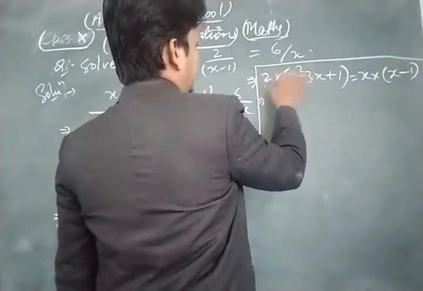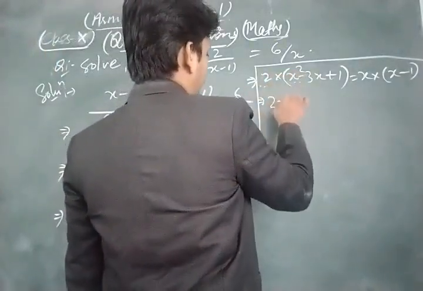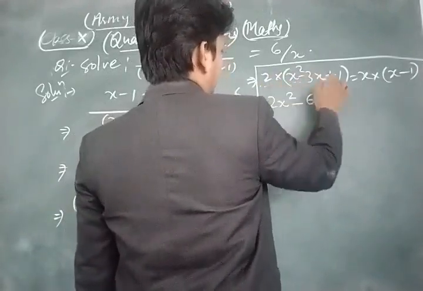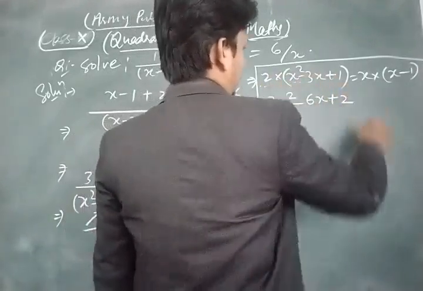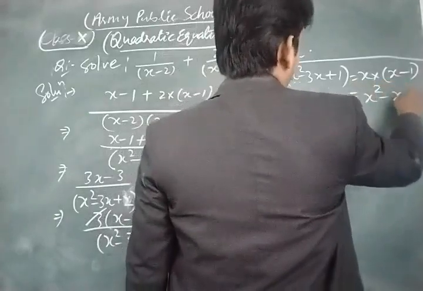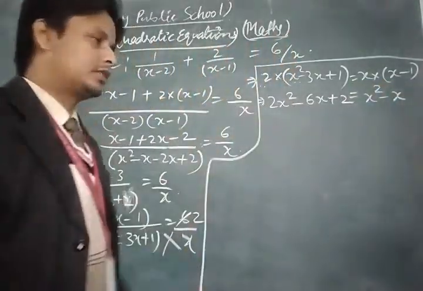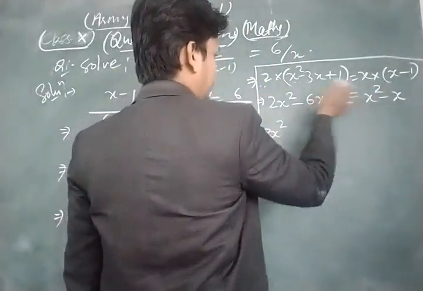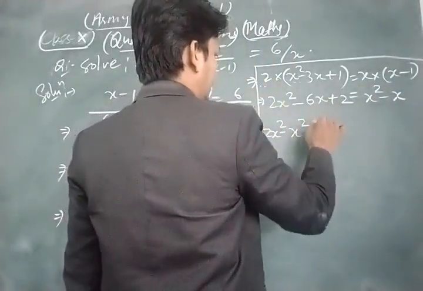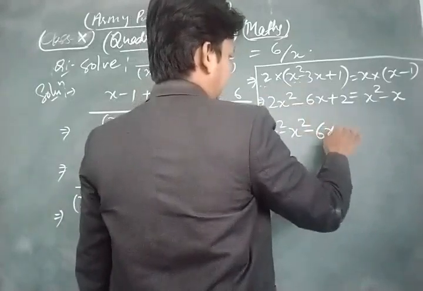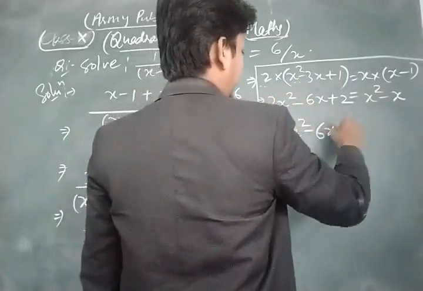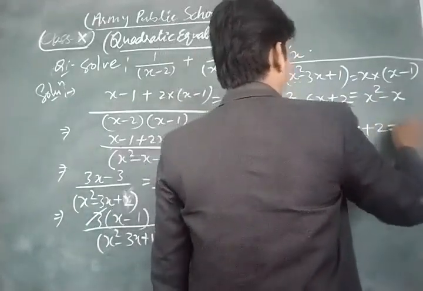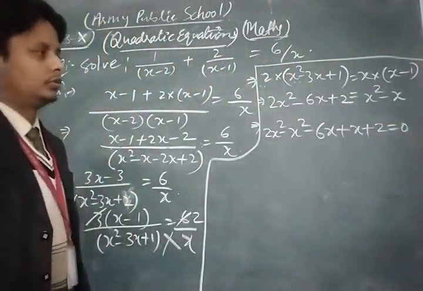So look, we multiply them: 2 into x square, that is 2x square minus 2 3s are 6x plus 4 is equal to x square minus x. Now we transfer that side. So that is 2x square, x square transfer that side, that is minus x square, minus 6x right as it is, minus x transfer that side, that is plus x plus 4 is equal to 0.